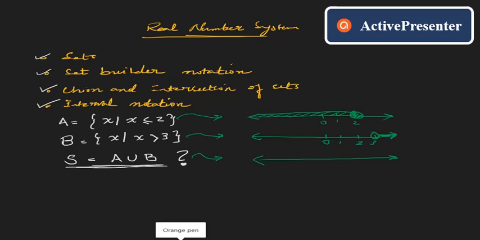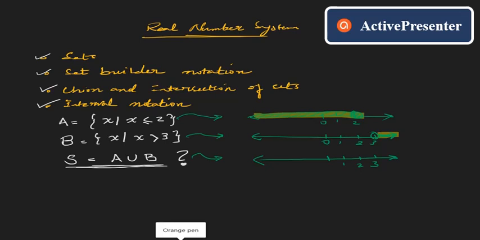So if we'd like to graph what is S, it is the union of A here to 2 closed and B here to 3 open.